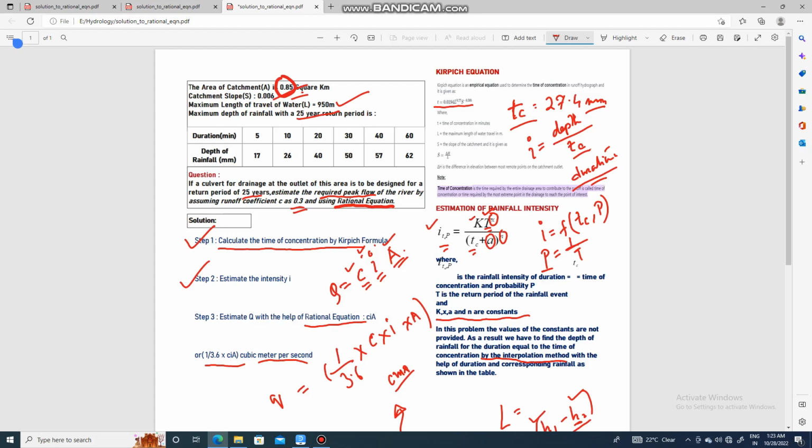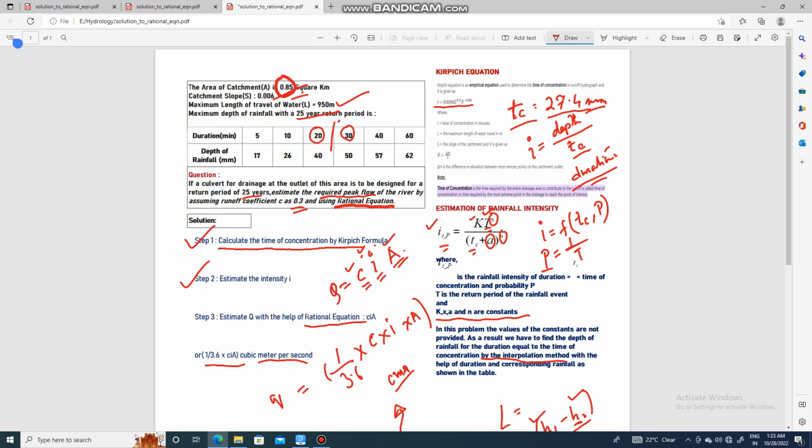Now here you see the duration and depth of rainfall is already given. Now what you find is that the time of concentration is 27.4 minutes. Here you see there is a 20, there is a 30, but there is no 27.4, so we have to interpolate.